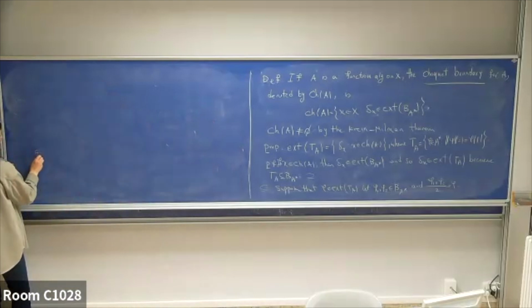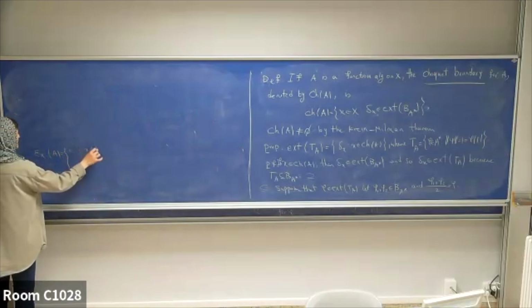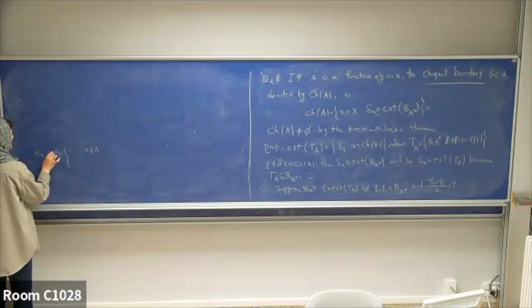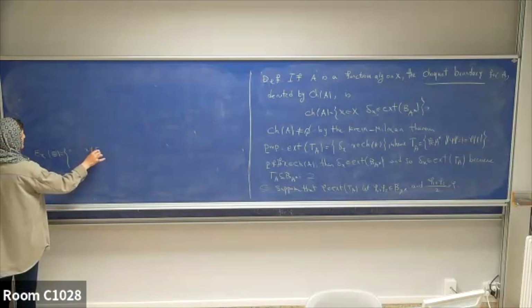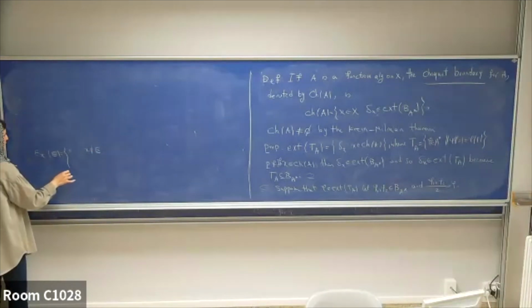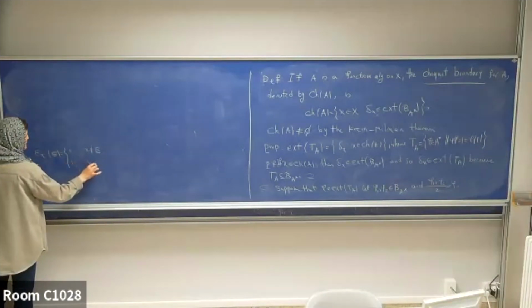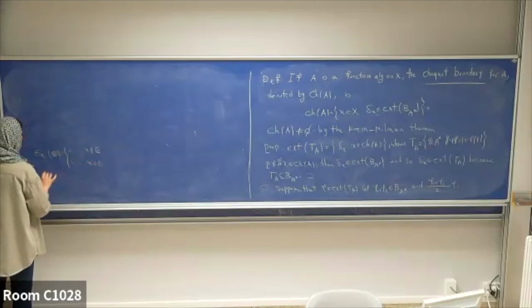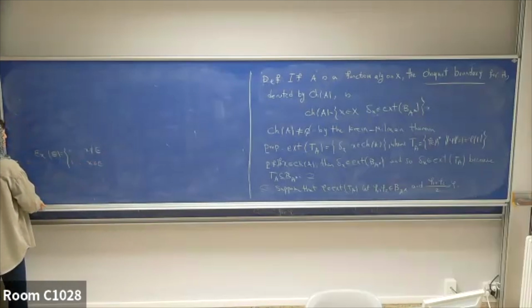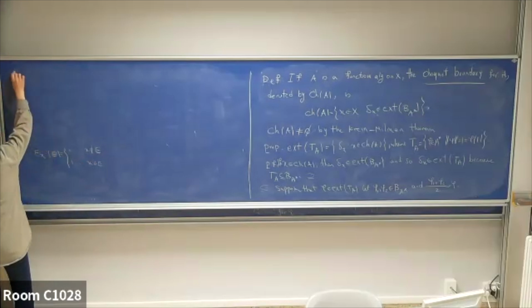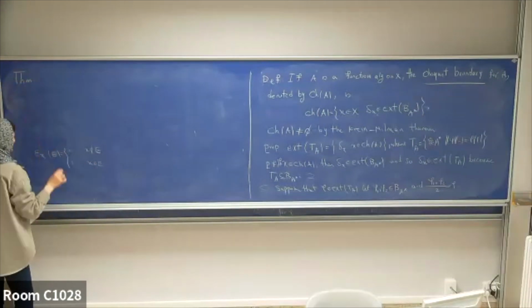I use epsilon x for the Dirac measure at x. It means that it is 0 if x is not in A, E is better, because for a function algebra, if x is in A, E, we have 1. This is the Dirac measure or point mass measure.